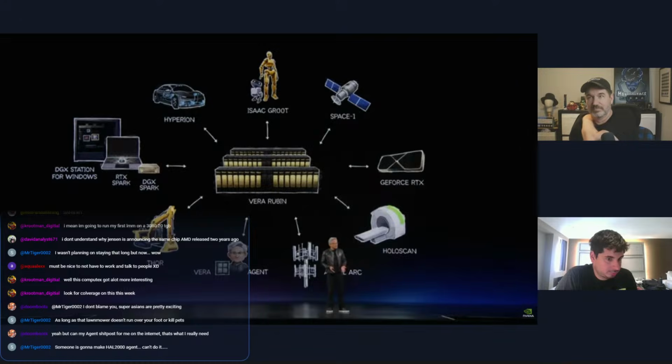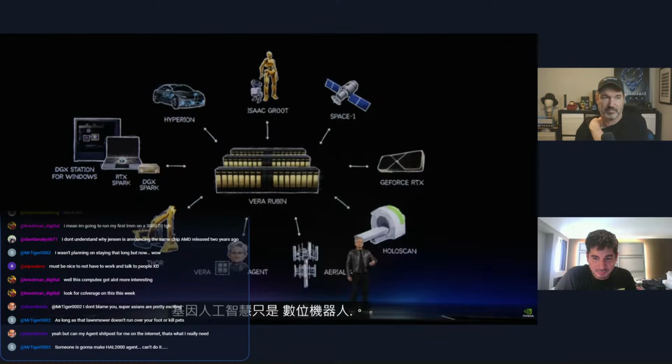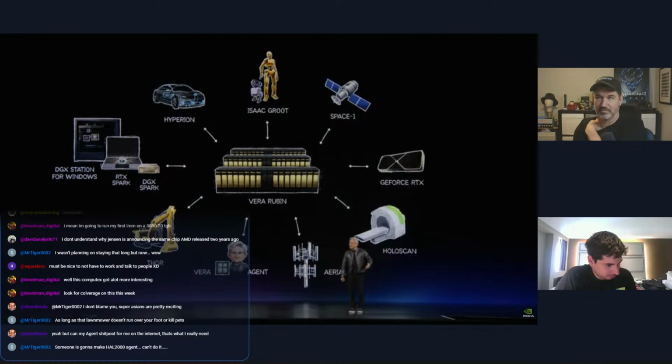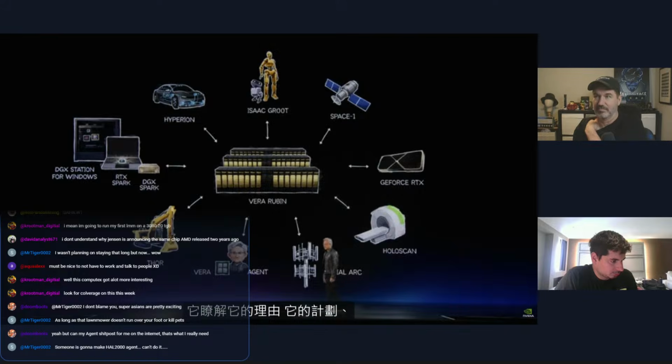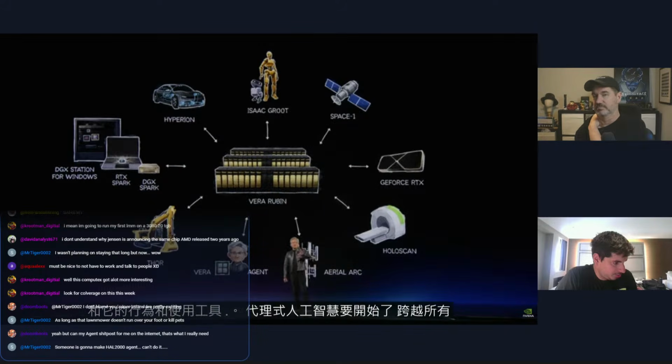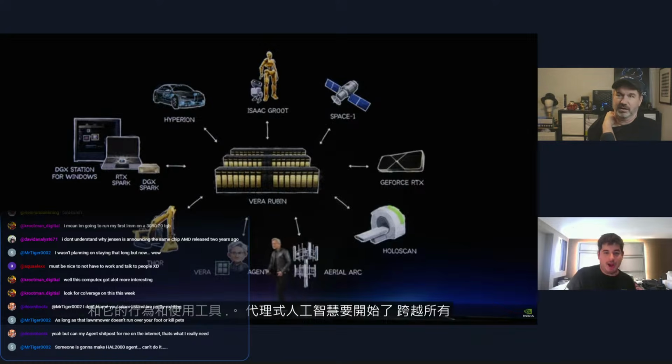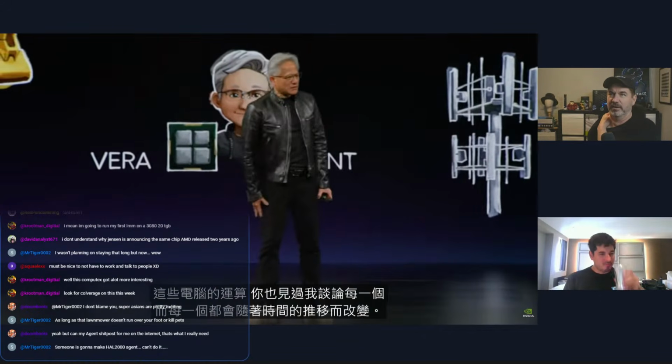As you know, agentic AI is just a digital robot. I'm telling you. It understands, it reasons, it plans, and it acts and uses tools. Agentic AI is going to run across all of these computers. You've seen me talk about each and every one of these over time.